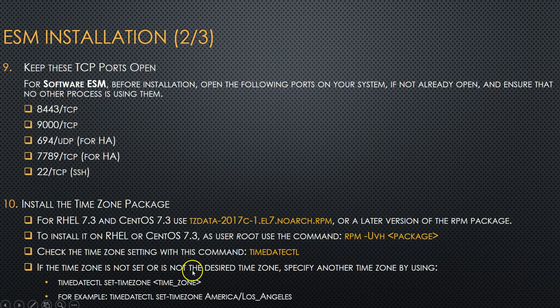And if the time zone is not set, or is not the desired time zone, you can use this command to set the time zone and select. So this is an example. You can select the time zone following the same example.